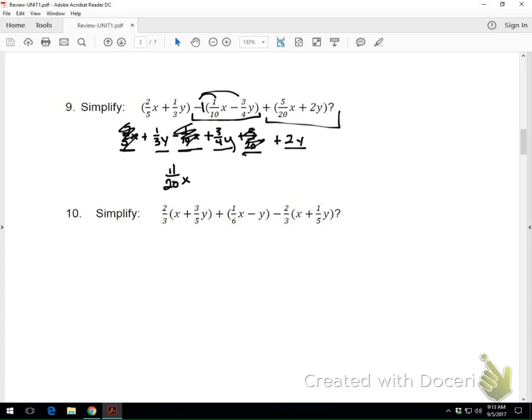What do you get from there? 37 over 12. Okay, good. And so there's simplified. You can't go any further because they're two different letters now. Okay, so you'll do 10 here in a little bit. Okay, so let's flip the page.